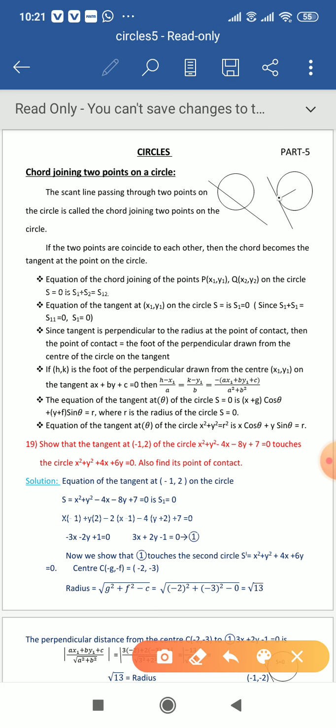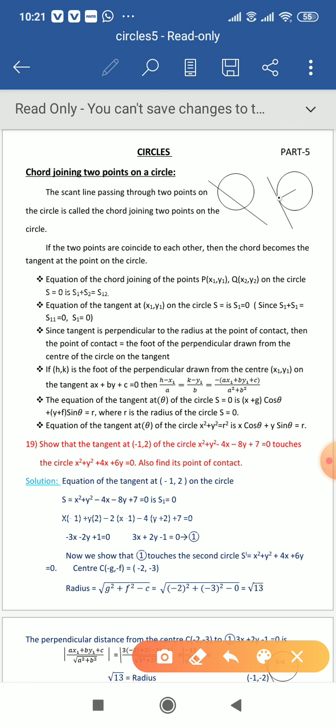Now, we discussed the circles part 5. Today we learned about the chord joining 2 points on a circle, when that chord joining becomes a tangent at a point.